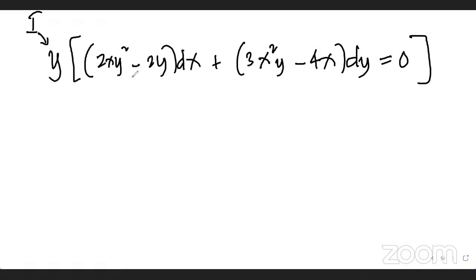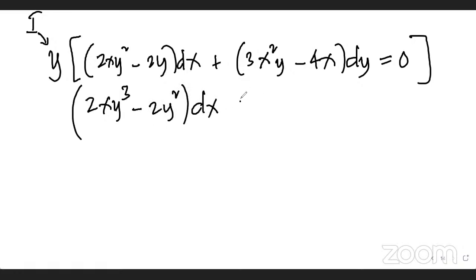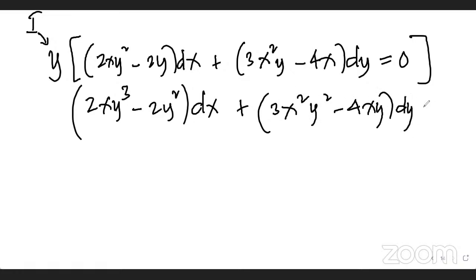So, ang magiging equation natin, exact equation, will be, distribute mo lang yung y, so this will be 2xy cubed minus 2y squared times dx plus 3x squared y squared minus 4xy times dy equal to 0.